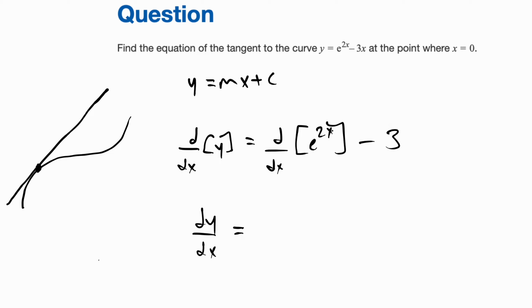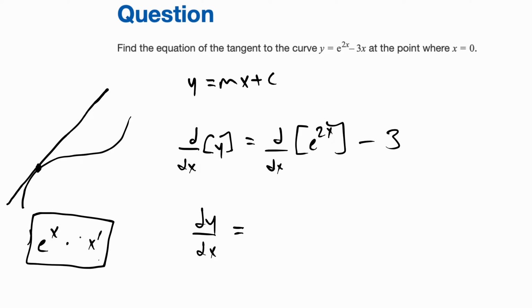There are tables you can find for this on Google, but the general rule for e to the power of something is e to the power of x times x prime. That's the differentiation for e to the power of x. When you differentiate e to the power of x, you'll get it in this form.